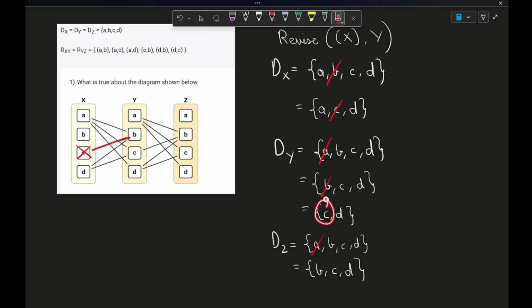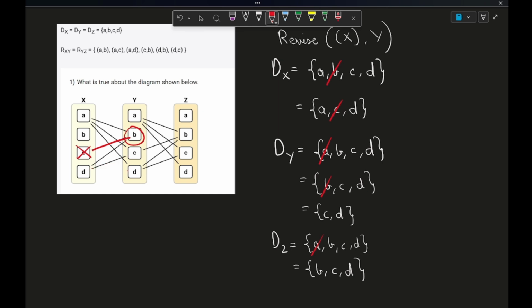C is still in the domain of Y, right? We are removing C from X, this one still remains, right? What you are saying is that because we are removing C from X, D remains, because even if we are removing B, there's this node, right?